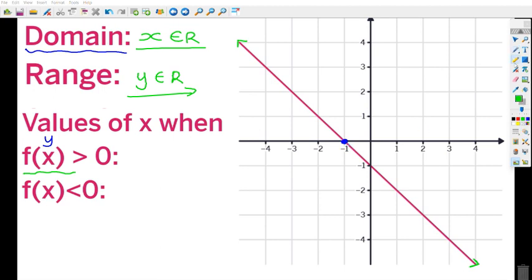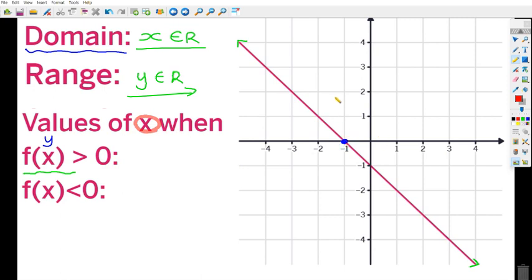Now I'm going to get a highlighter to make this clear to you guys, because some of you just can't see this. But if I now put my highlighter on this dot, remember I'm looking at the x values. Find the values of x when the graph is above. So I'm going x values.